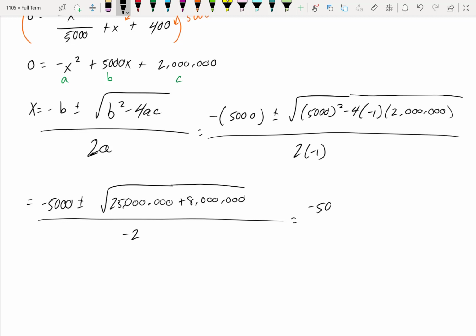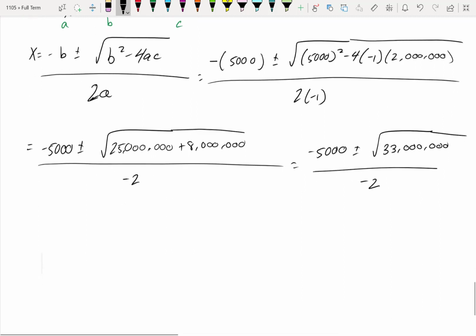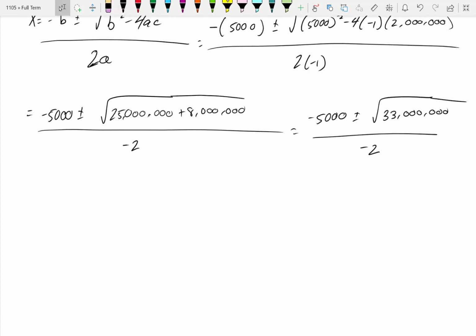We're going to simplify inside that radical. So negative 5,000 plus or minus the square root of 33 million, all over negative 2. Since we're working with an application and it didn't say we need exact solutions, we're going to plug 33 million into the calculator and take that square root. We're left with negative 5,000 plus or minus 5,744.56 over negative 2.